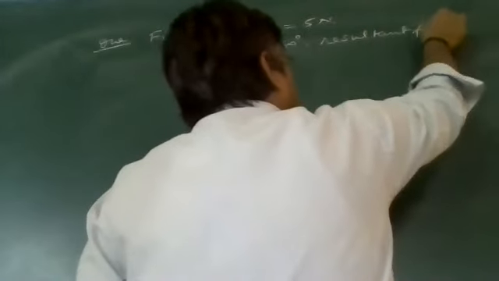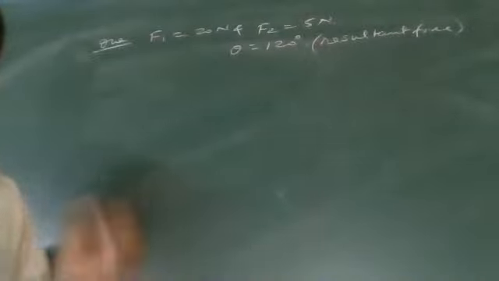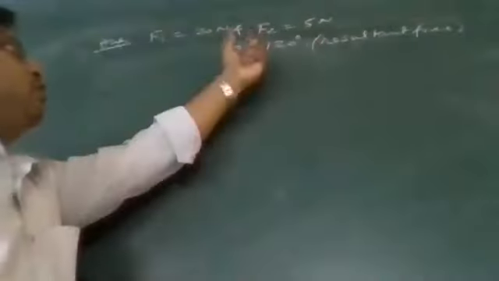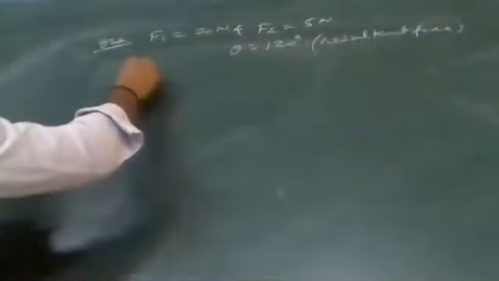Whenever there is this kind of question, make sure I have to find the magnitude as well as the direction, because it is a vector quantity. So how will you calculate the resultant force?